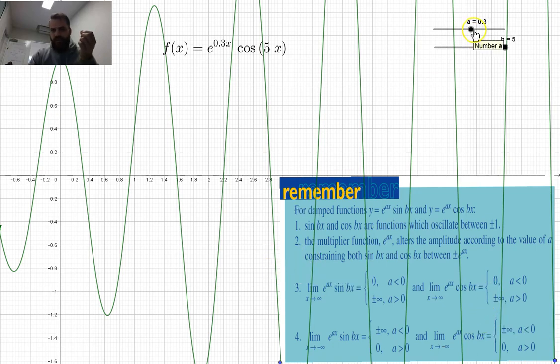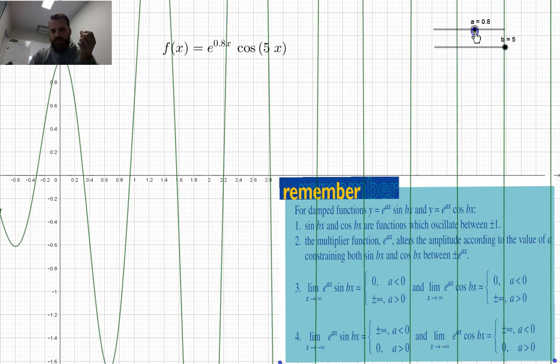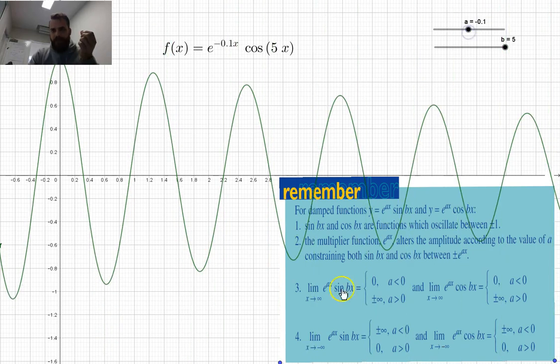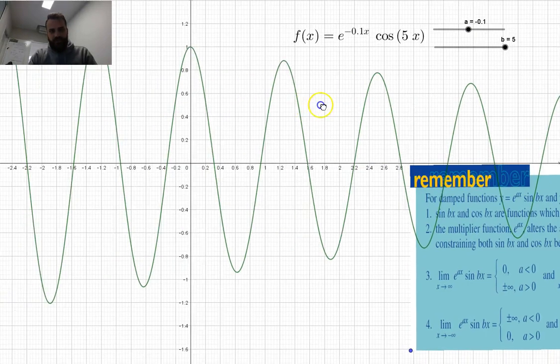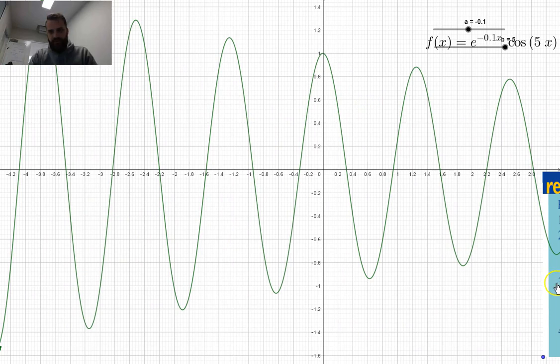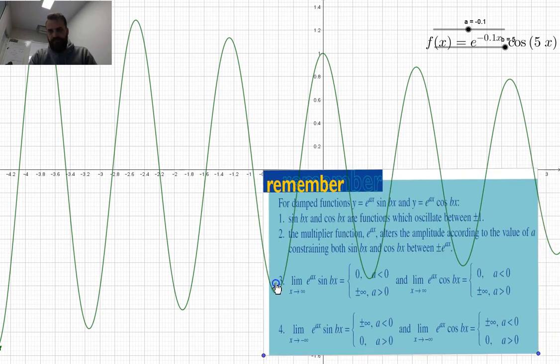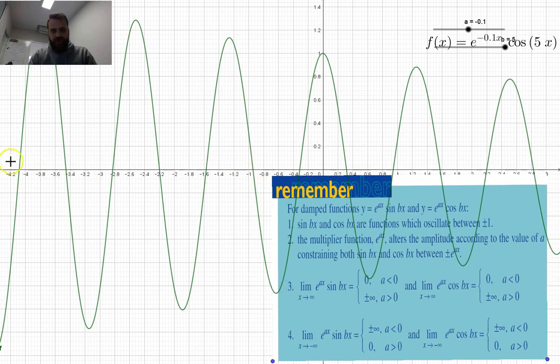Now, the other little bit of note here is the limit as x approaches negative infinity. So I'll just move my whole screen over here a little bit. As x approaches negative infinity, the opposite is true.